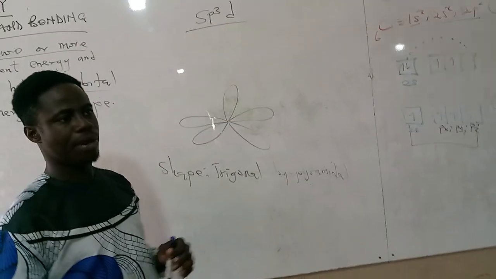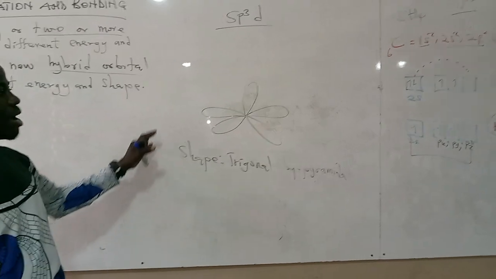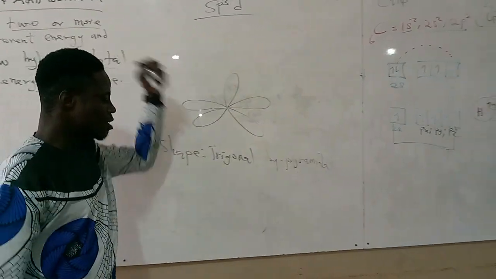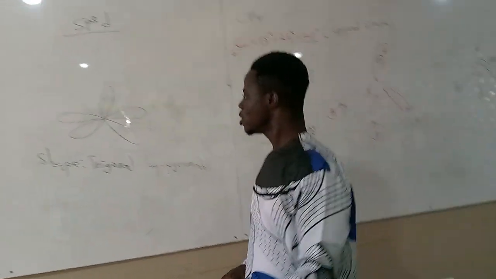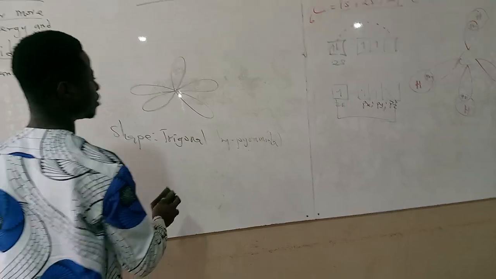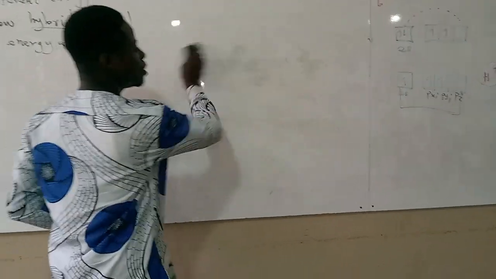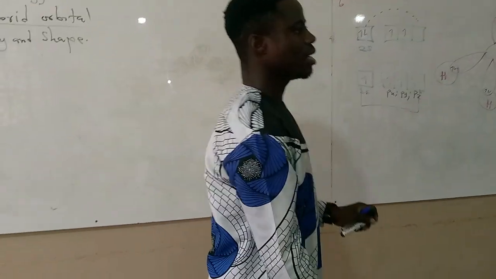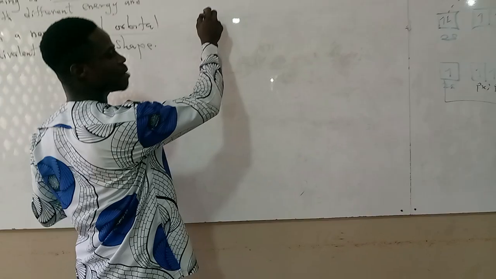Anytime you have a molecule like this, we call it a trigonal bipyramidal. We can give a typical example and demonstrate that quickly. So you know the shape now.